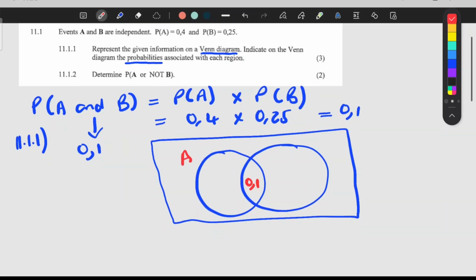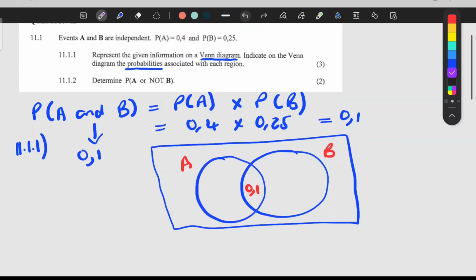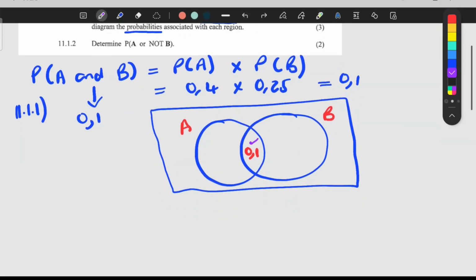Then let's call this A and this B. Do you see this whole circle for A? It must add up to 0,4. So this plus this number must be 0,4. I'm going to say 0,4 minus the 0,1 gives me 0,3. So 0,3 can go there.